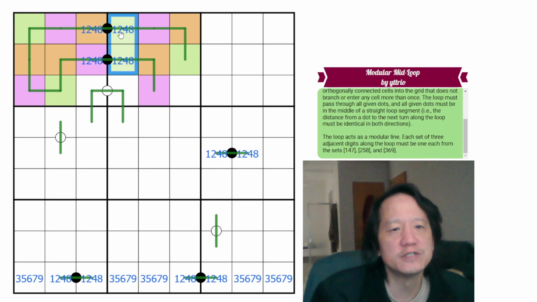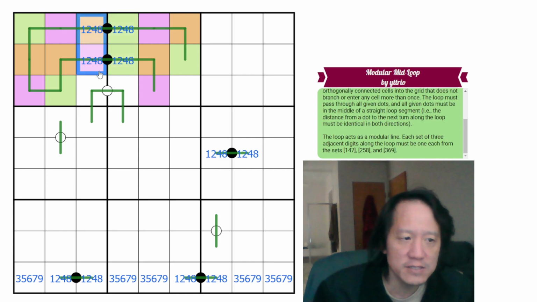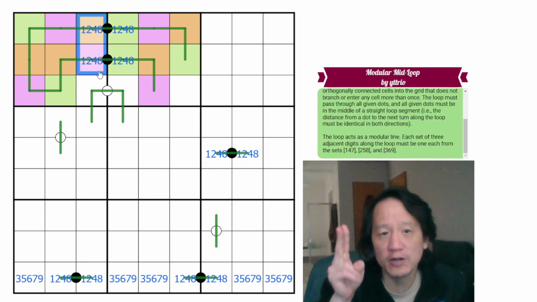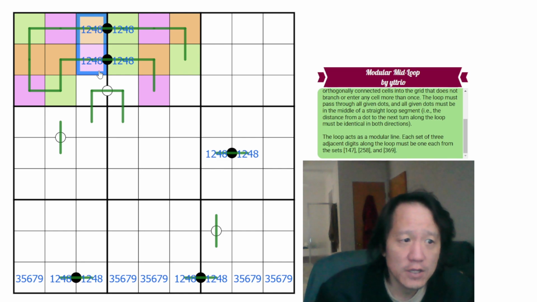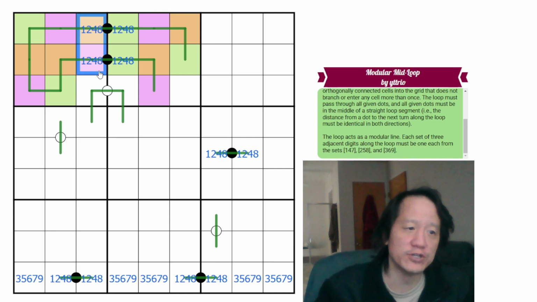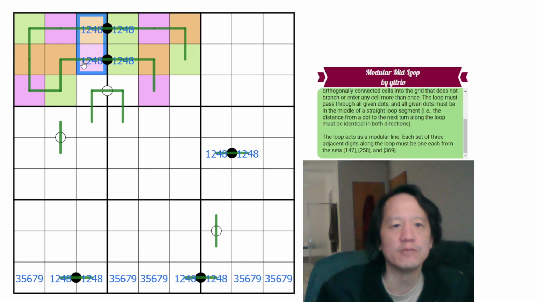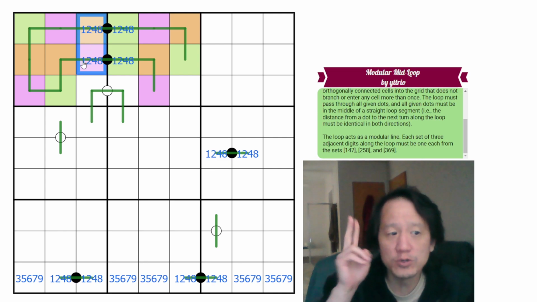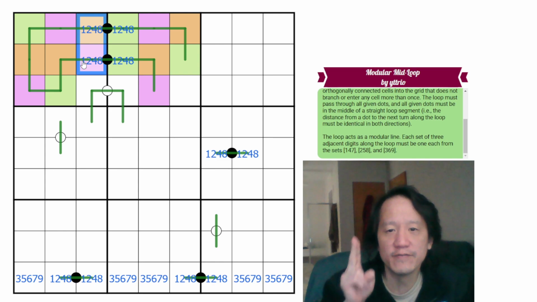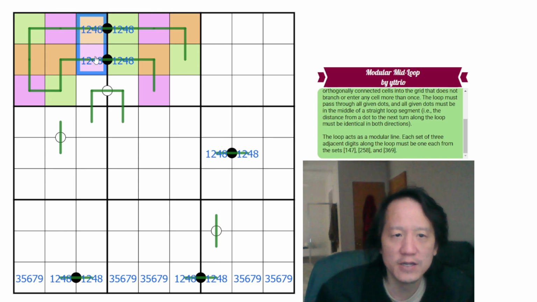So the problem is these both become 1 and 4, therefore this has to be 2 and 8, but 2 and 8 are the same modularity also. And you could do it the other way too. You could have these two be 2 and 8, but then they would have to be specifically with 1 and 4, and those would also be of the same set of modularity. So this cannot actually work if it connects this way.